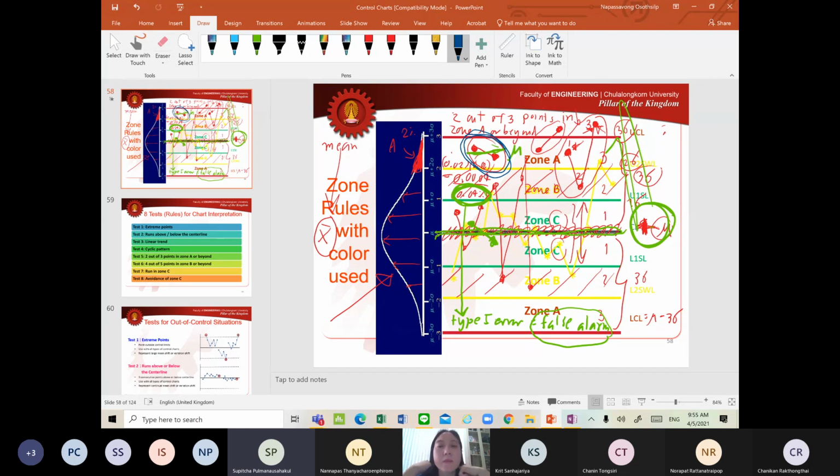So we count that as an error. That means an abnormal pattern, or actually that abnormal pattern means there is a significant shift to a new level of the mean instead of the normal level, which is here.